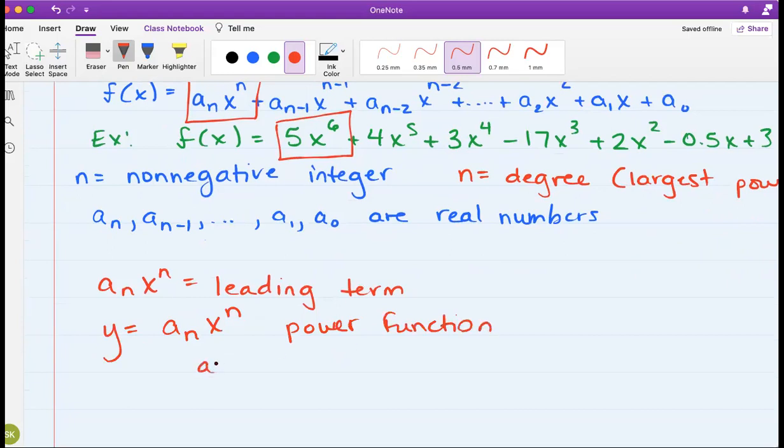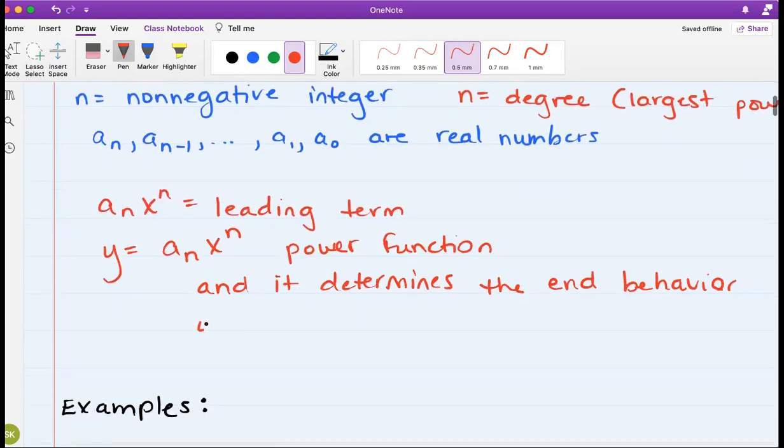And it determines the end behavior of the graph of the function we want.